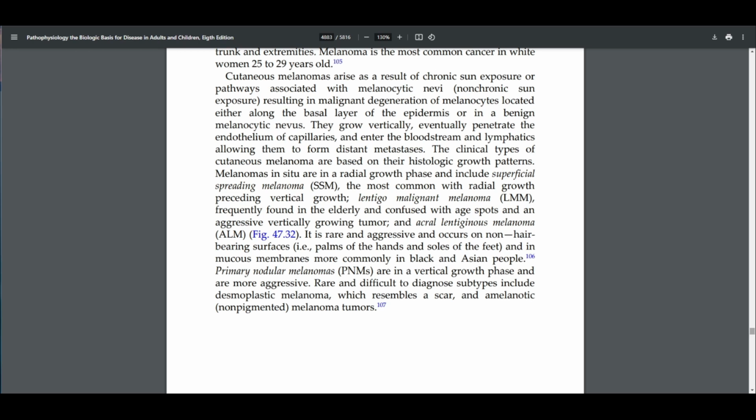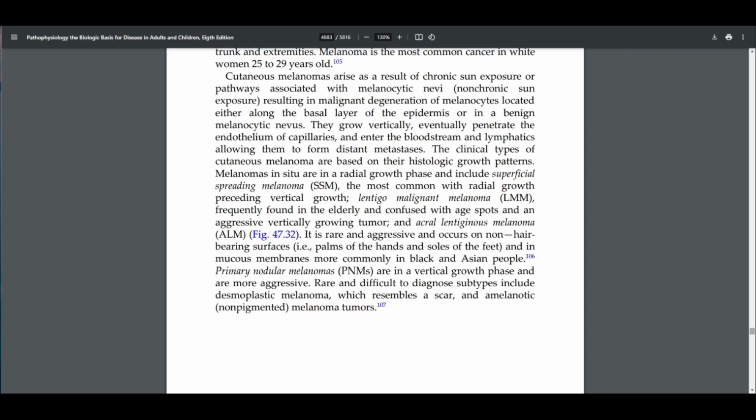Melanomas in situ are in a radial growth phase and include superficial spreading melanoma, the most common, with radial growth preceding vertical growth. Lentigo maligna melanoma is frequently found in the elderly and confused with age spots, and is an aggressive, vertically growing tumor.